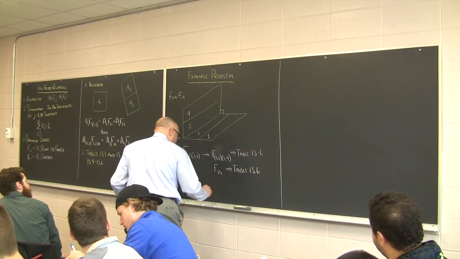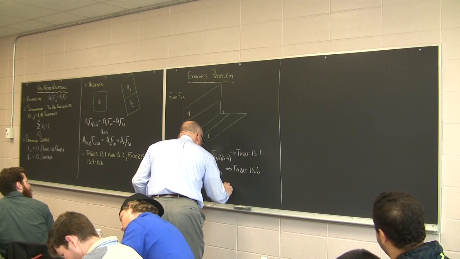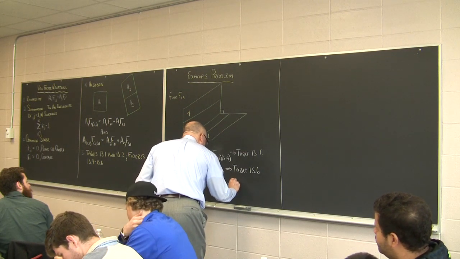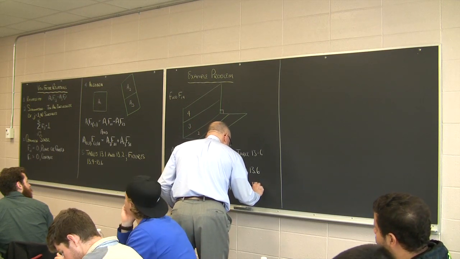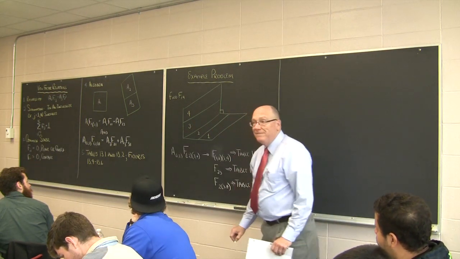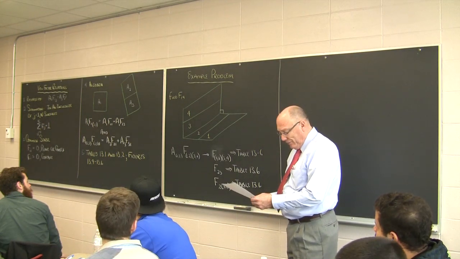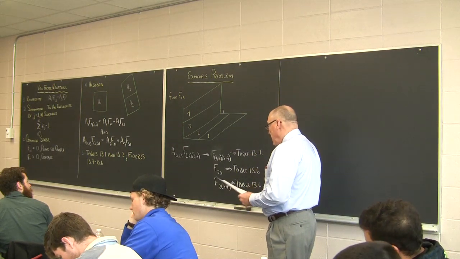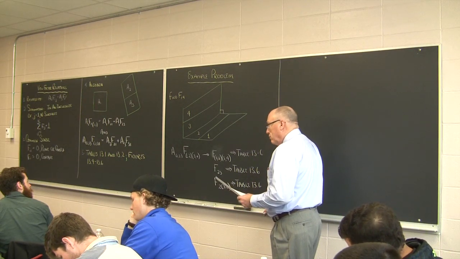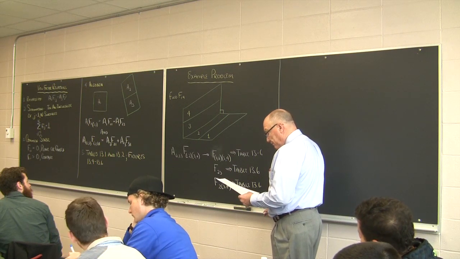You can also get F2 to 3,4. Agreed? Yeah. All right. So now we're beginning to cook with gas. So we have F1 to 2, F3 to 4, F2 to 3, and F2 to 3,4. All right. So we know all those shape factors.